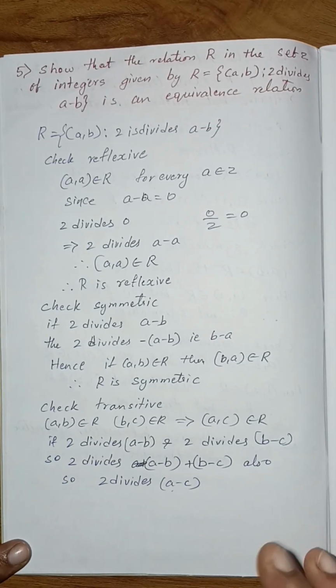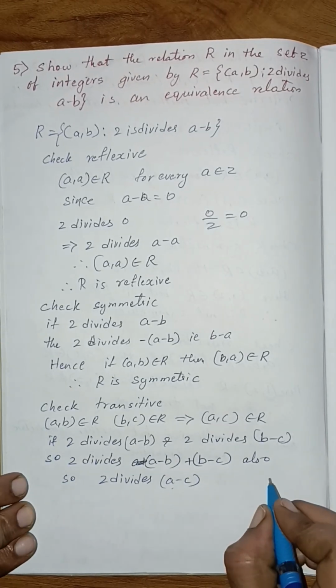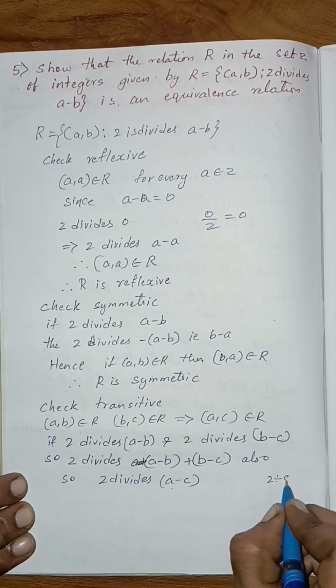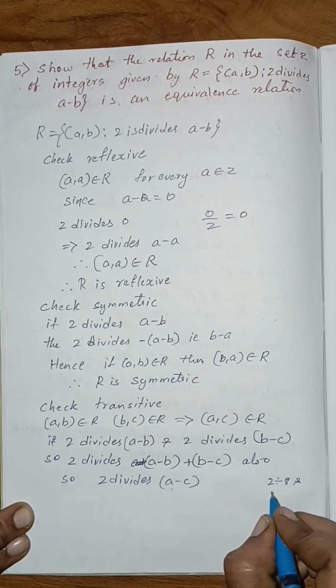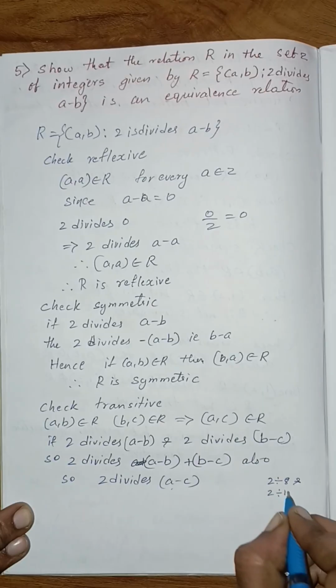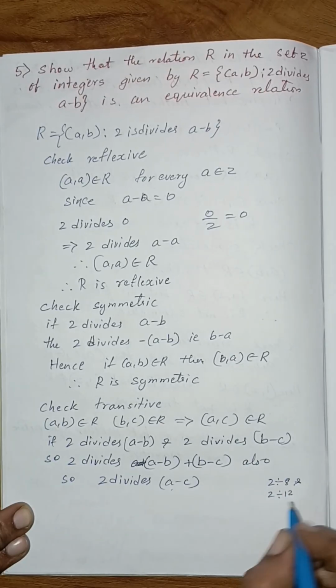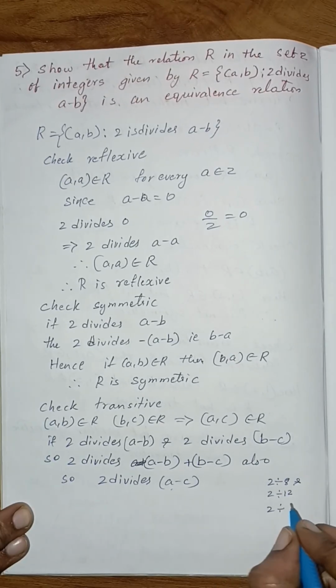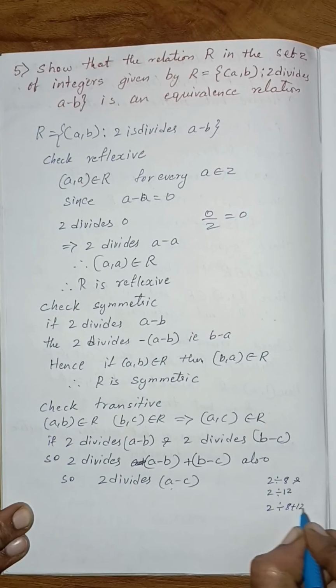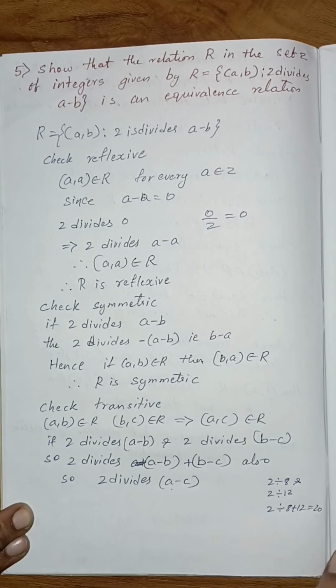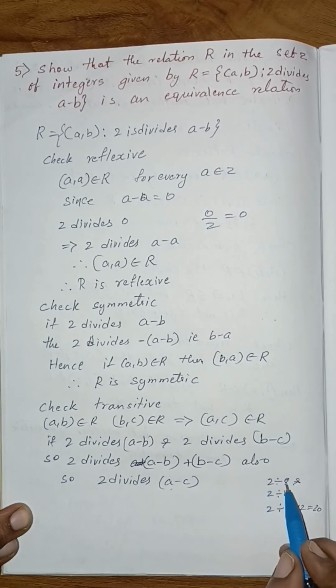Roughly, we'll take an example. If 2 is dividing 8 and 2 is dividing 12, then obviously 2 will divide 8 plus 12, that is 20.